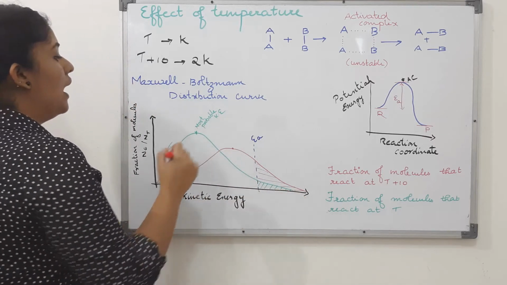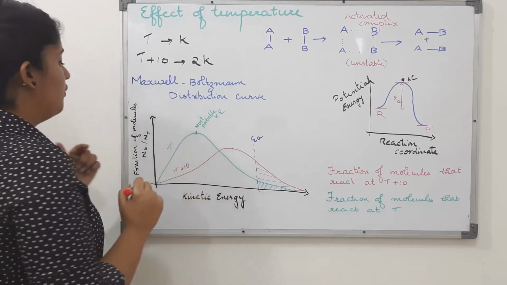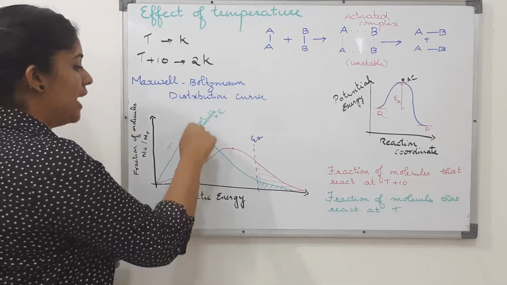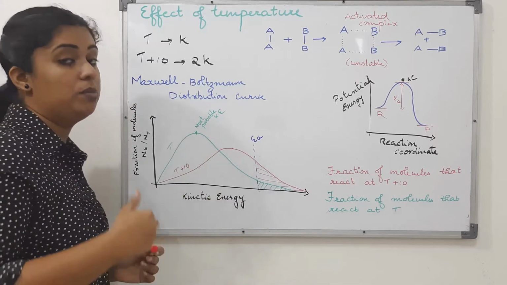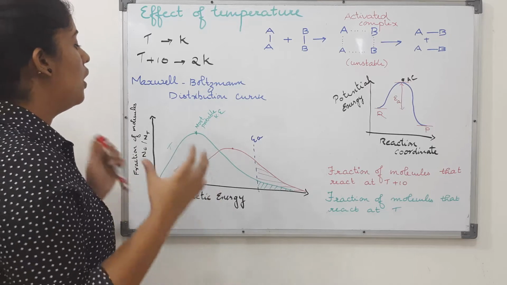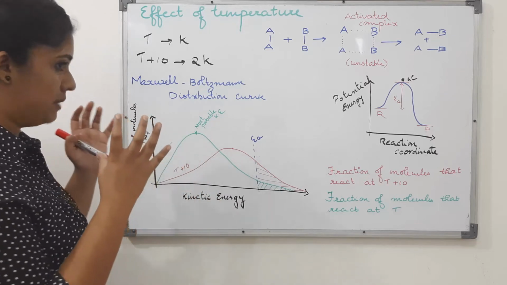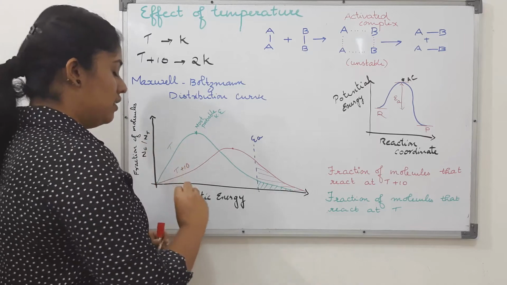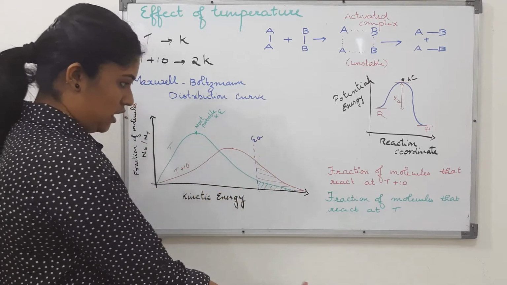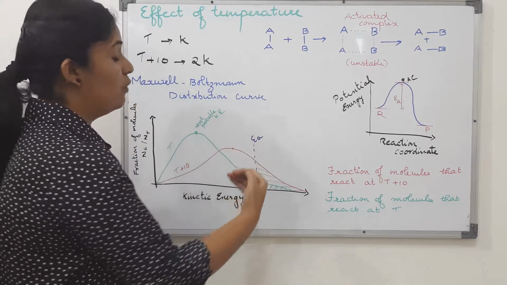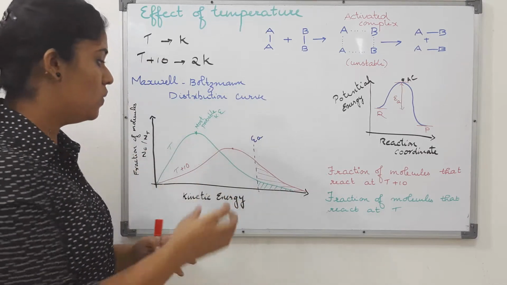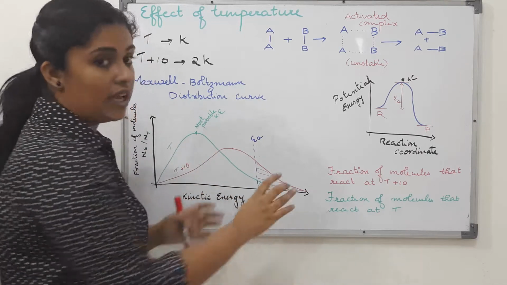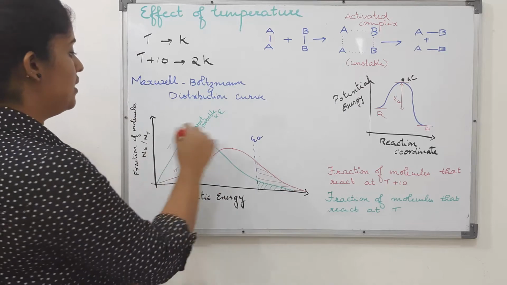At this peak point, the fraction of molecules having that particular kinetic energy would be the most. Then a further increase in kinetic energy would cause a decrease. There will be a lesser fraction of molecules having higher kinetic energies. Okay, this is the graph.